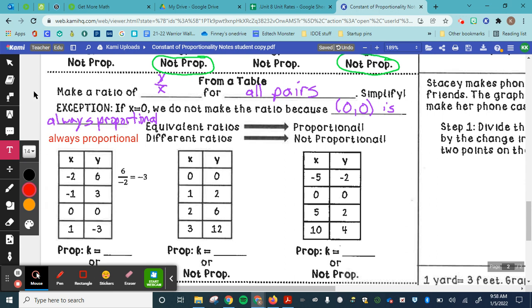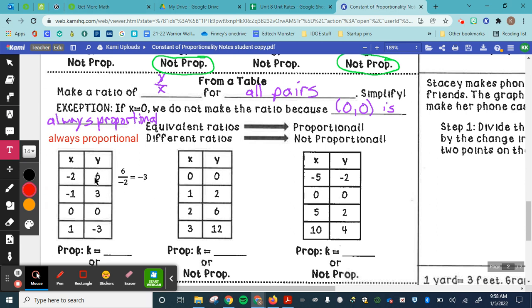So one cupcake costs $5, 2 cupcakes cost, and 3 cupcakes cost, and 0 cupcakes cost $0. So 0 is always a proportional number. If it has anything else with 0, it's automatically not proportional and is wrong. And if it's not proportional, it's not equal ratios, it's not constant proportionality, it's not any of those things.